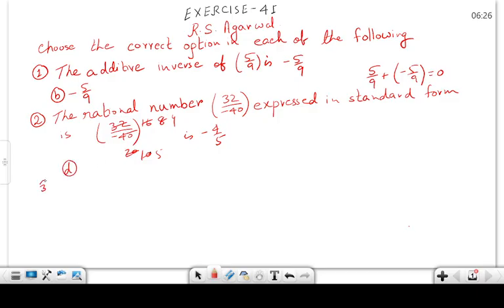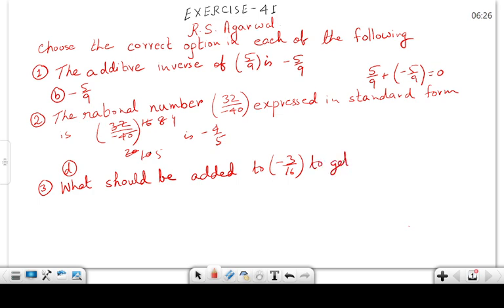Now we will go to question number 3: what should be added to minus 3 by 16 to get 5 by 8?